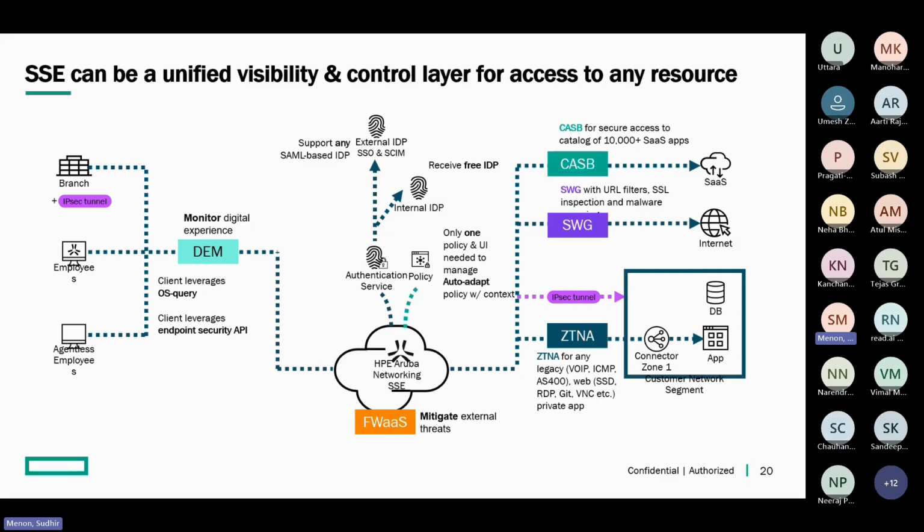So this is the overall architecture of how we do it. And like I mentioned, with an edge POP approach and an inline architecture itself, you can get enhanced performance with the global WAN accelerator service, etc. So security being de facto, a performance-driven approach is what we practice with Aruba Networking SSE.